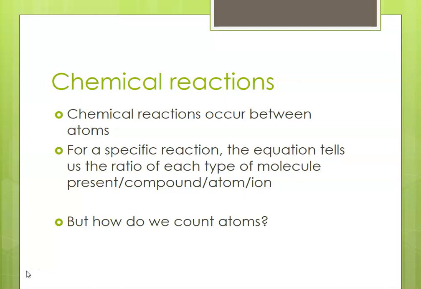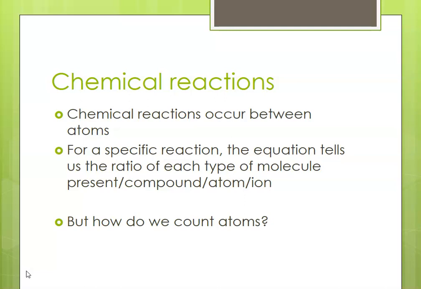We can use that to calculate how much product we might find, how much reactant we might need, and other things in between, but only if we can figure out how many atoms we have present. And that is where our friend the mole comes into it.